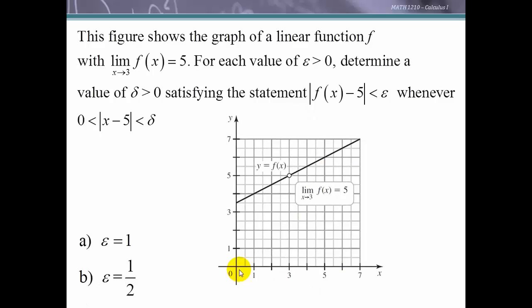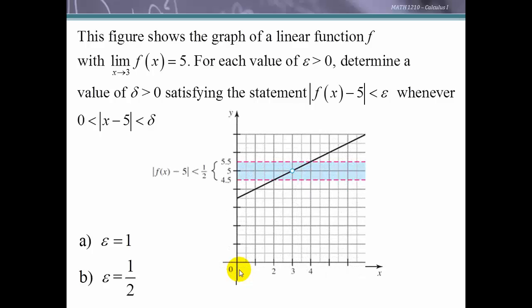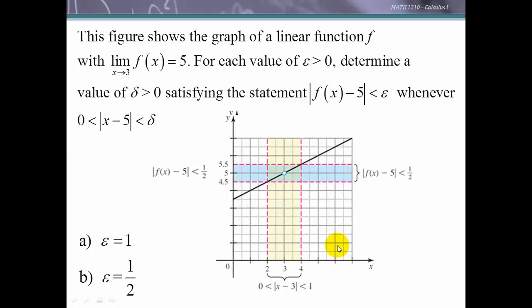Now we could also take this for epsilon equaling 1/2, and we could look at this region and ask what our delta would need to be such that the distance from our function value to our limit is less than 1/2. You can see that as long as I picked a value between 2 and 4, I would fall in this region, and so the absolute value of x minus 3 needs to be greater than 0, so x doesn't equal 3, and it needs to be less than 1.